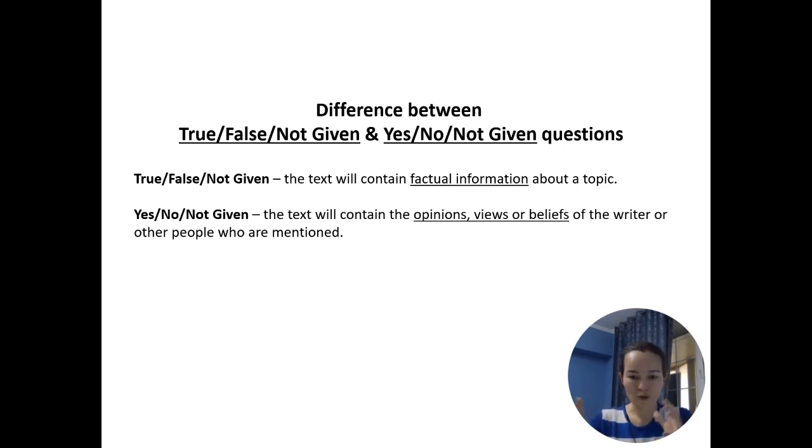So in the question, the author believes that cats are better than dogs, let's say. In the text, the author writes that cats are better than dogs. So it will not be true, it will be yes, because the information is the same, but this is an opinion.